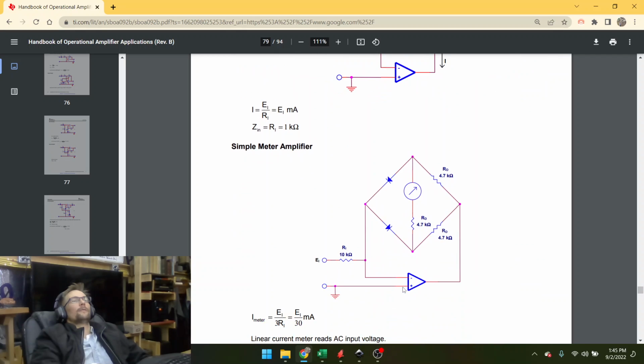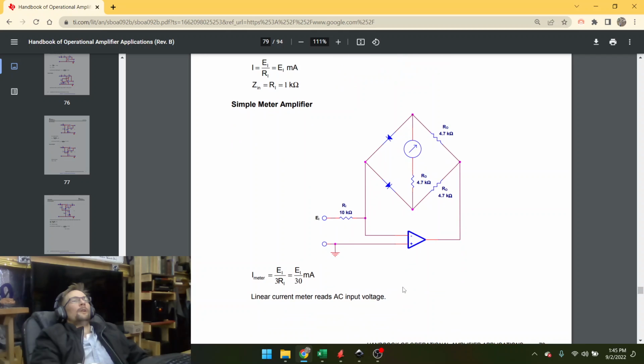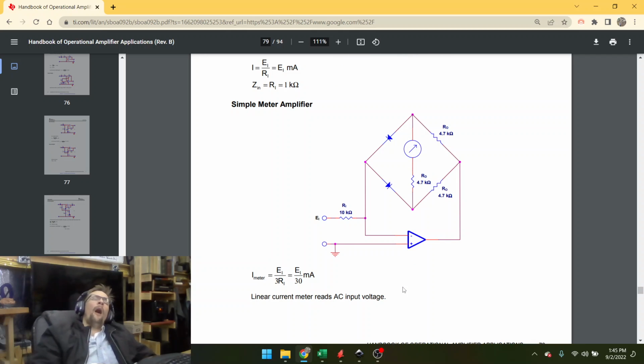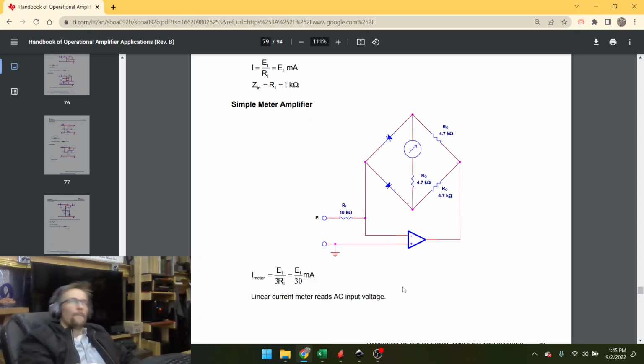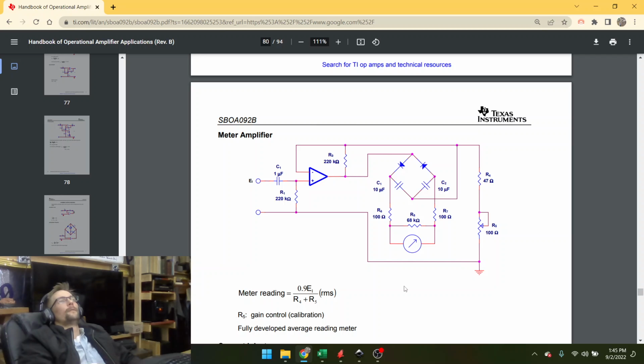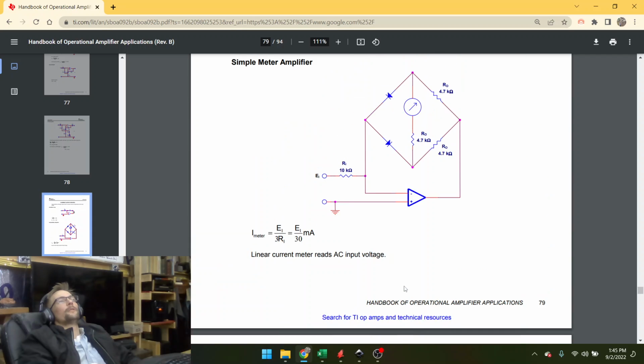Simple meter. Yeah, okay. Trust you. Meter amplifier. Yeah, I'm going to trust you. This is supposed to be what? A voltmeter?